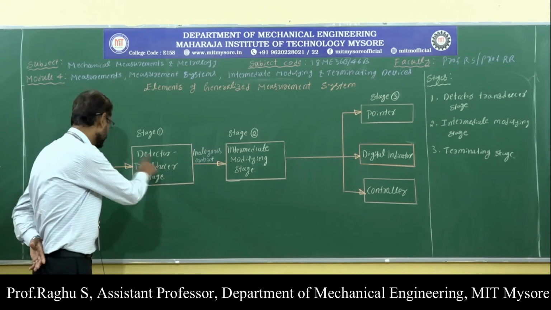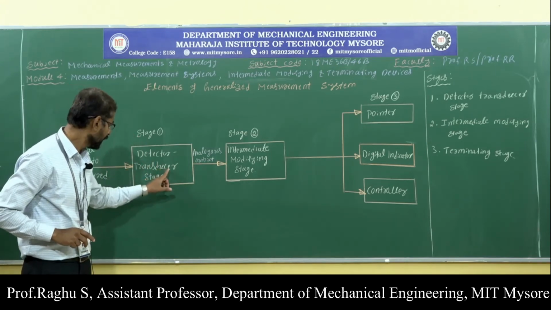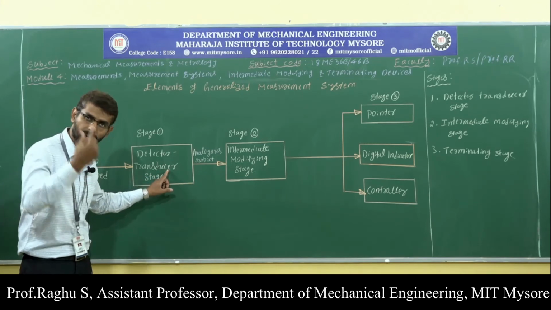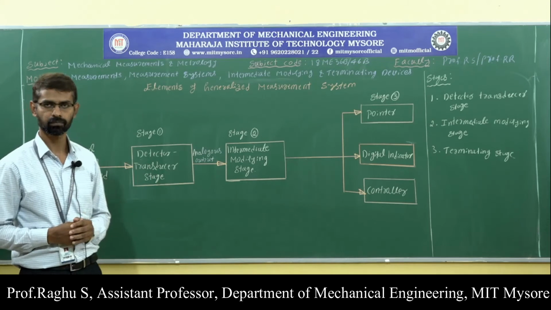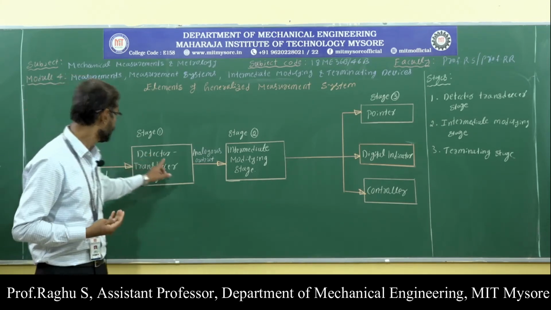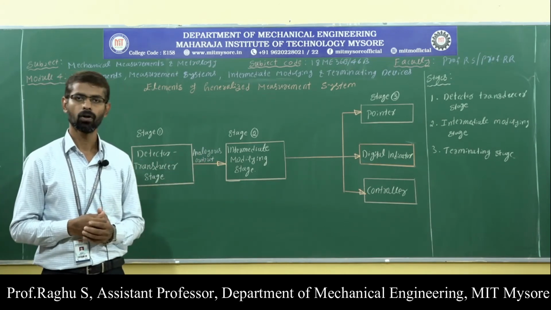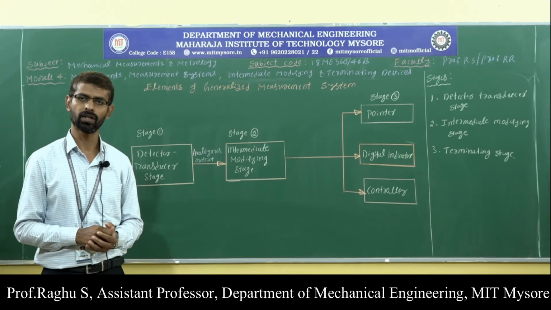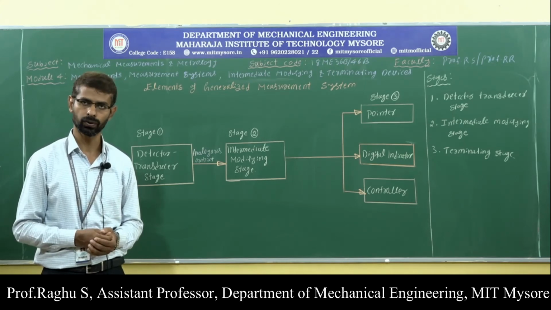The detector detects the physical quantity to be measured. Next, the detected physical quantity is converted into an analogous form by using a transducer. A transducer is a device which converts the detected physical quantity into an analogous signal. We have various transducers like mechanical, electrical and electronic transducers.